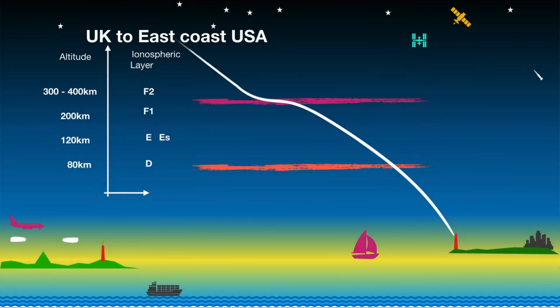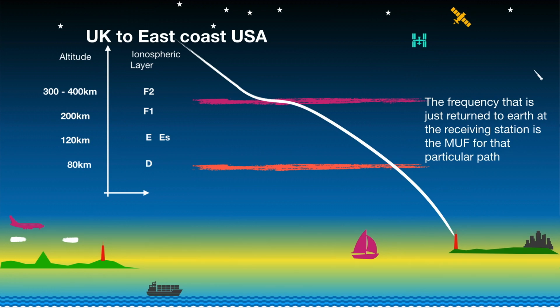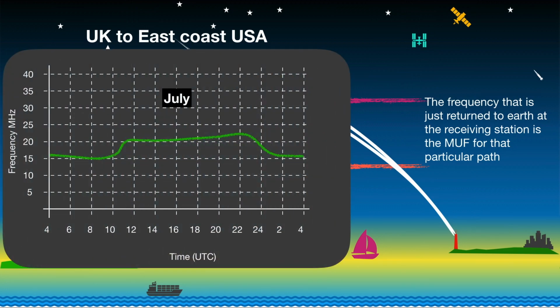So UK to East Coast USA. Let's have a look at a possible graph there for the maximum usable frequency. If you remember, the previous graph that we had showed the lowest usable frequency, and here we show the maximum usable frequency.